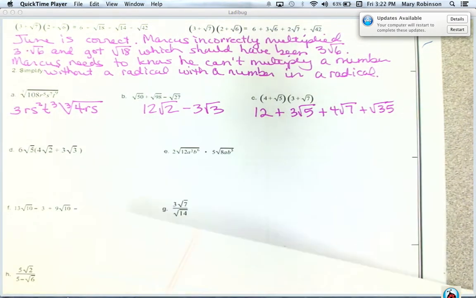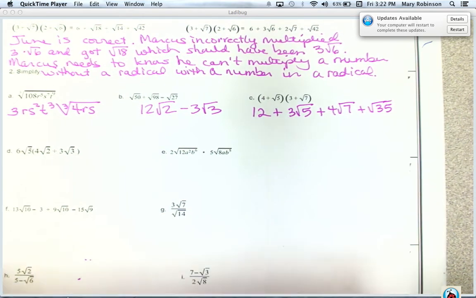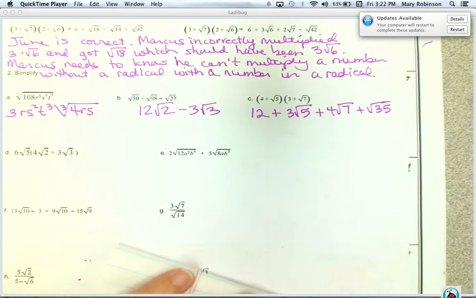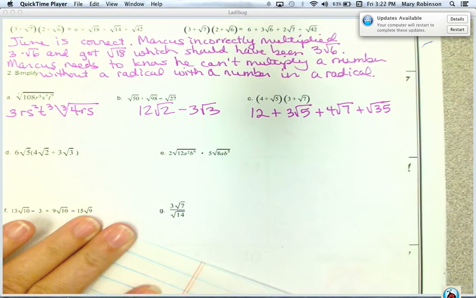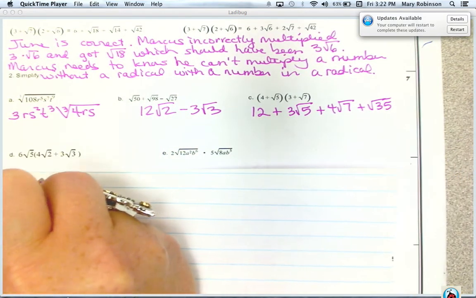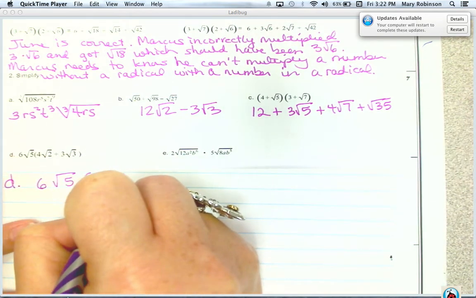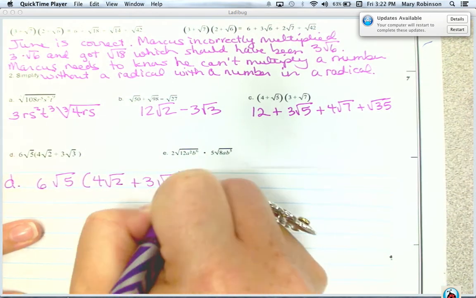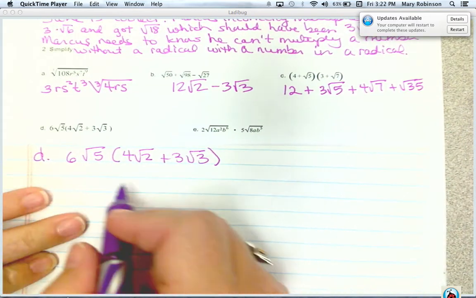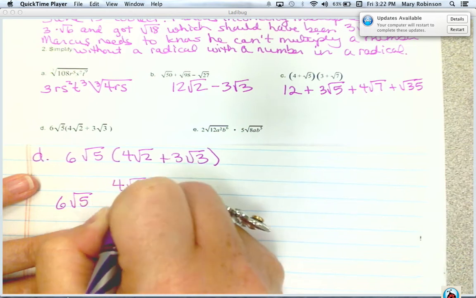All right, next for D. Again, this is multiplying, but we have numbers outside of the radical this time. I think when we did this in class, a lot of you all liked the box method, so I'll use the box on this one.